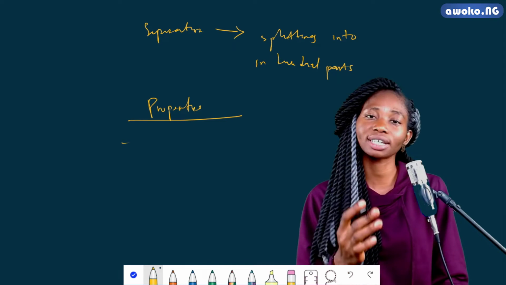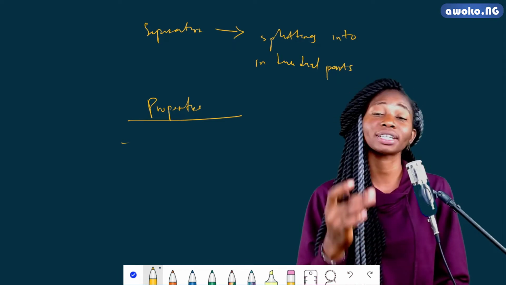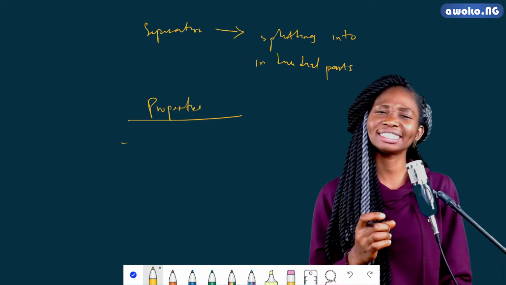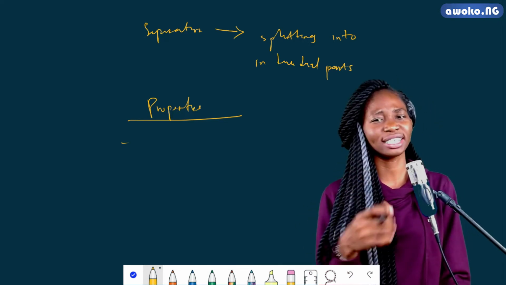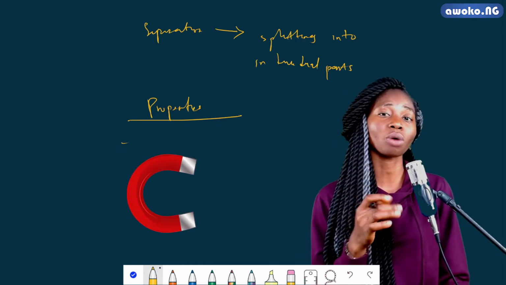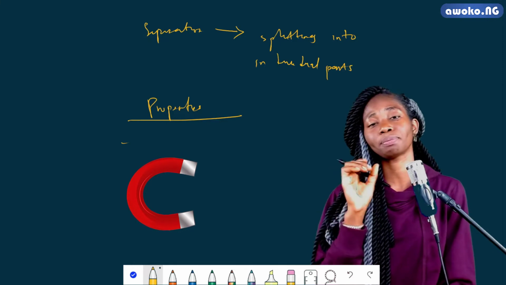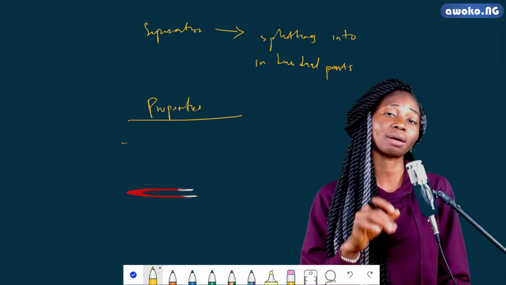For instance, let's take magnetic property. If I have a mixture of particles of magnet and sand, first thing, what can easily pick out magnet? You're looking at the magnetic property. So what we do is we get a bar magnet, simply place it over that particular mixture.